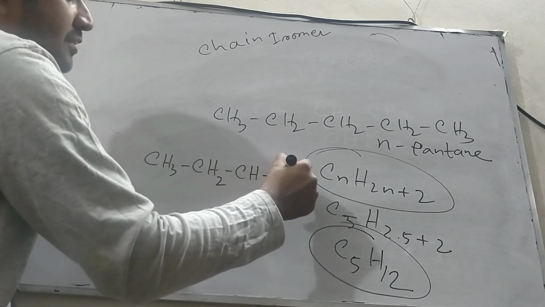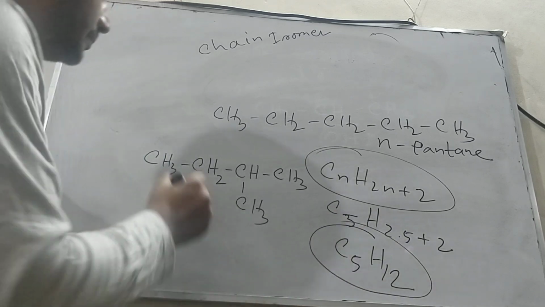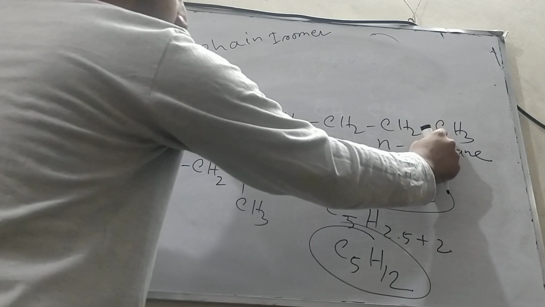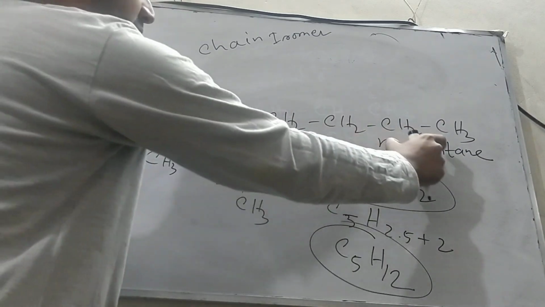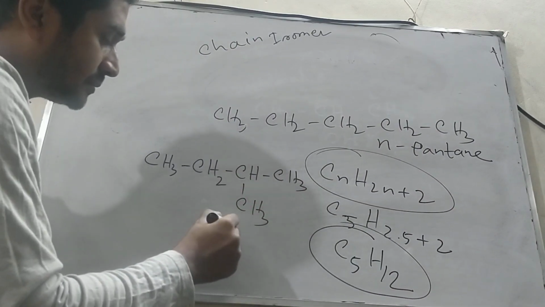And next CH3, CH, CH2, CH3 and CH3. So here also the number of carbon is 5. Then it will be said n-pentane and it will be said isopentane.